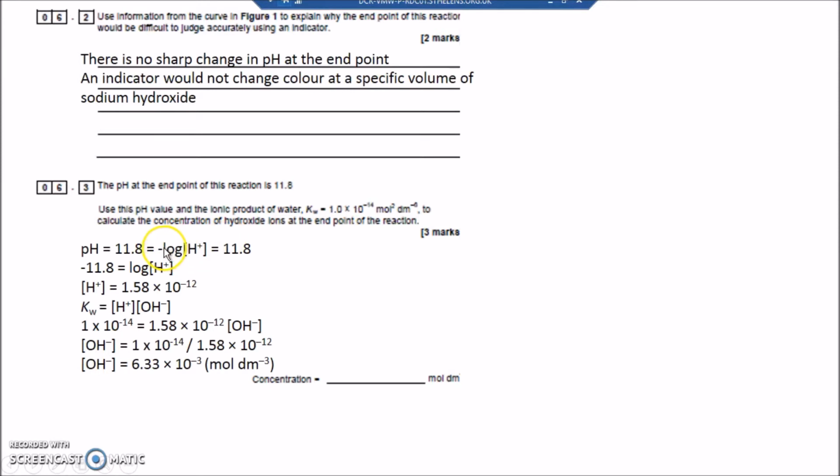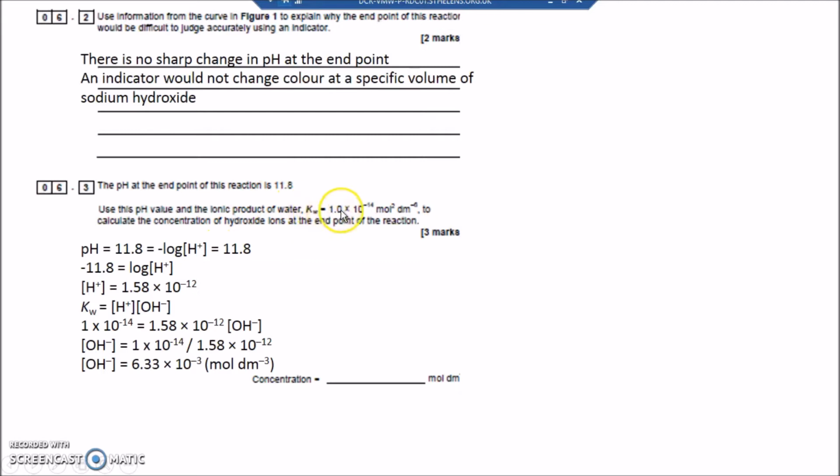Instead of minus log H+ concentration equals 11.8, you say log H+ concentration equals minus 11.8. Then you can inverse log or shift log or second function log, whichever one your calculator does. Remove the log, and H+ concentration is 1.58 times 10 to the minus 12. That's the only thing you can do with pH: work out pH equals minus log H+ concentration. That's what takes you down the path of working out H+ concentration.